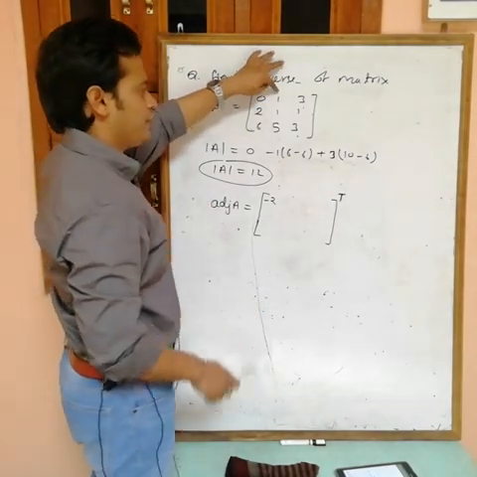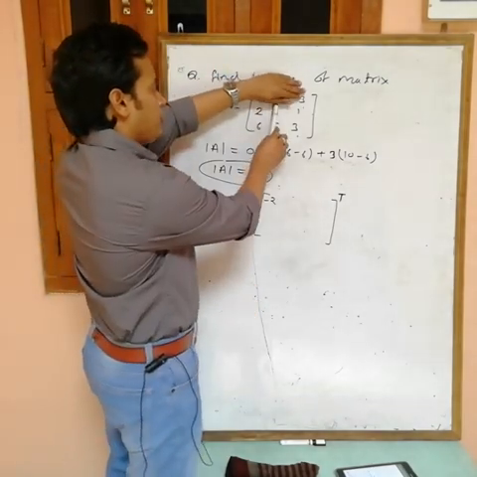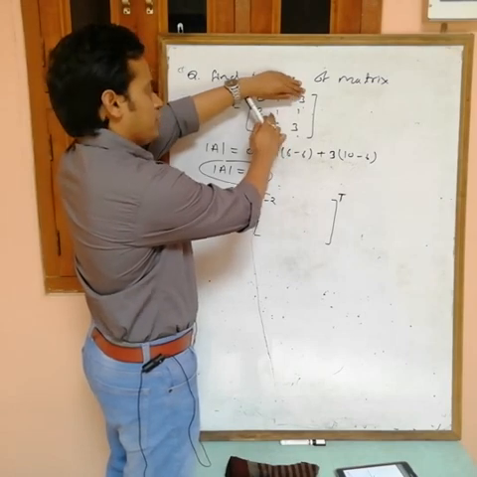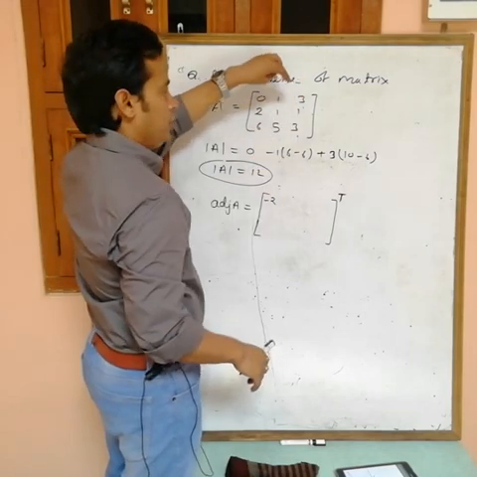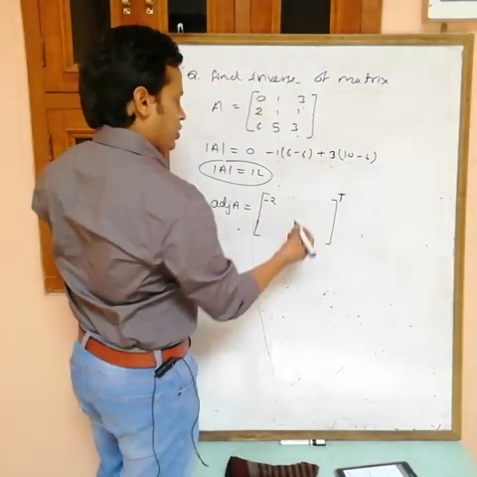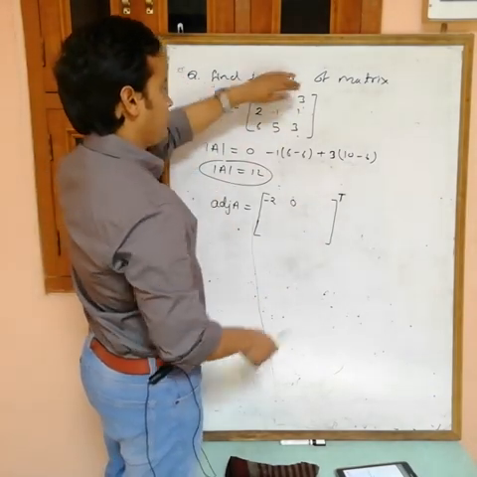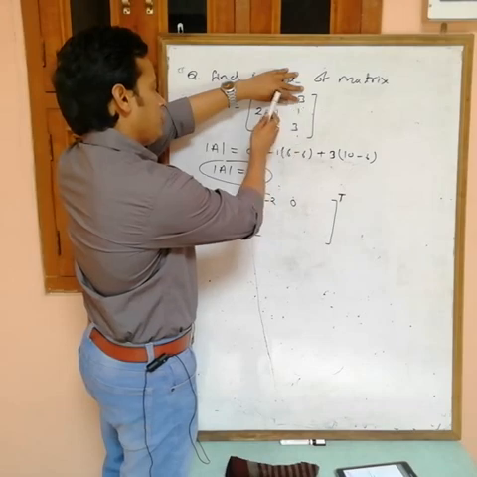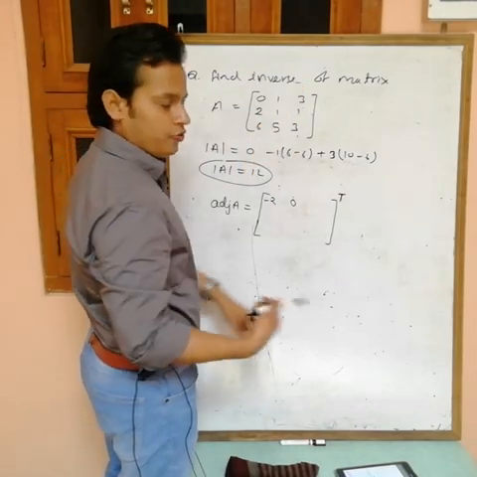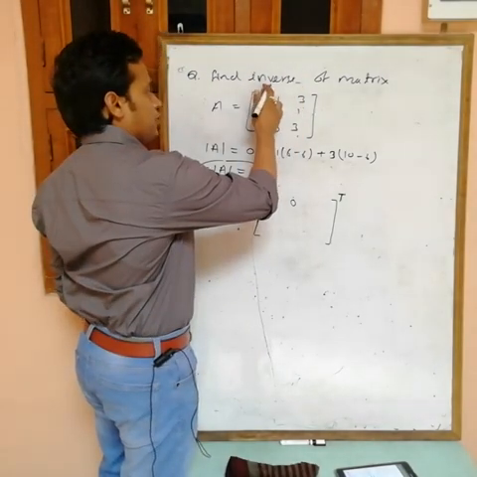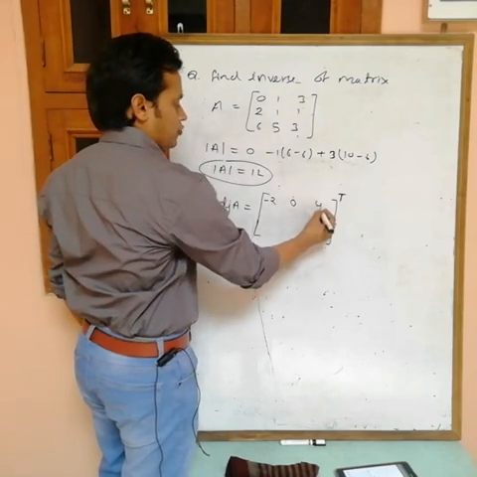Now replace 1 with its cofactor. Hide the corresponding row and column, then you will get the value of the minor, that is 6 minus 6, 0. The sign for this one is negative, but 0 remains 0. Now for 3, hide the corresponding row and column, 10 minus 6, 4. The sign pattern is plus minus plus, so 4.